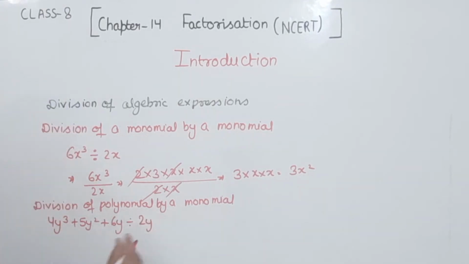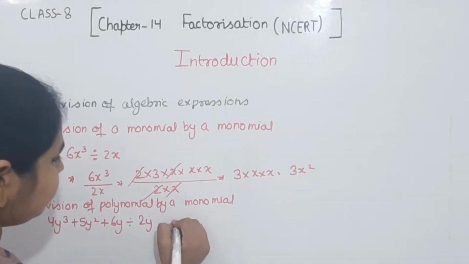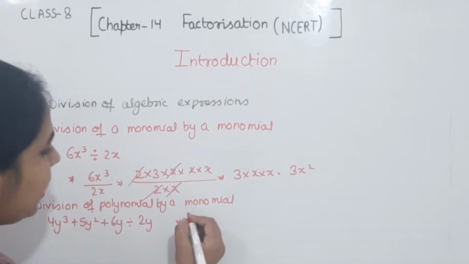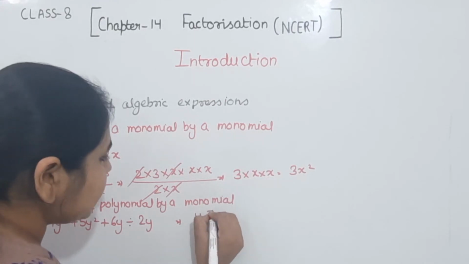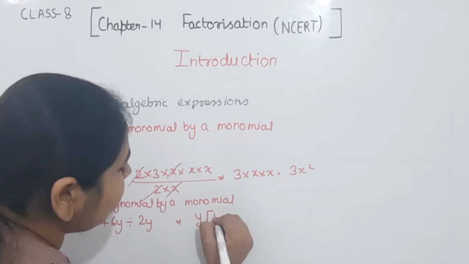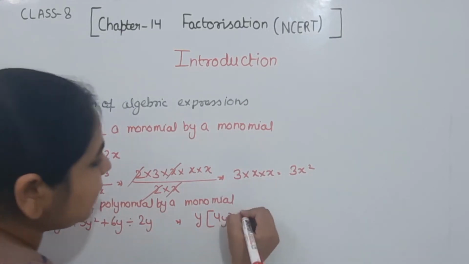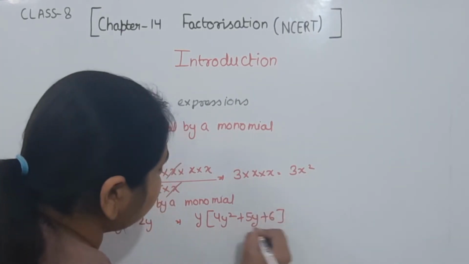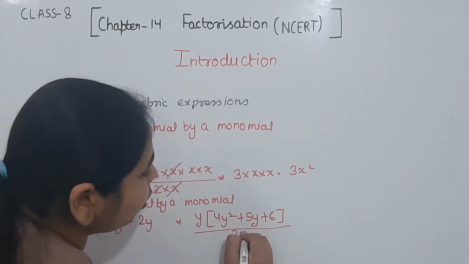Now I am going to take the common from this one. We can take the common only as y. So I'm going to take y as the common. So we'll have here 4y square plus 5y plus 6, and in the denominator we'll have the 2y.